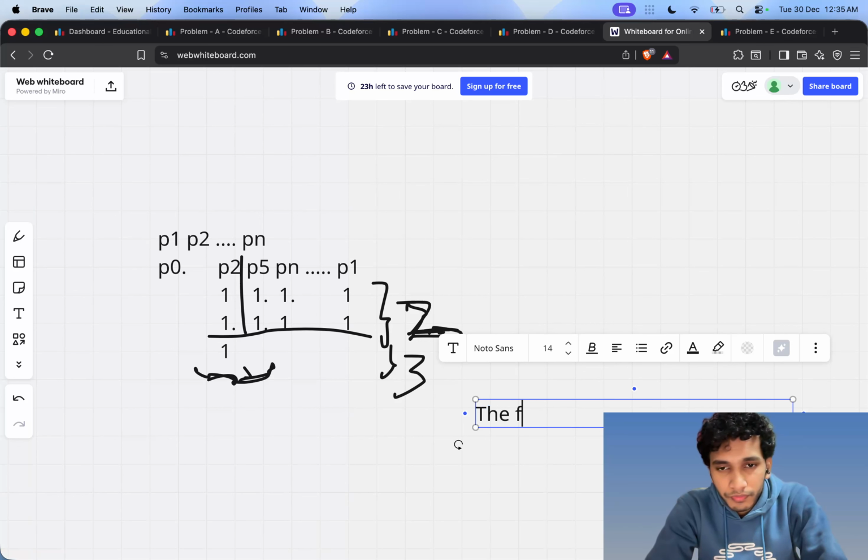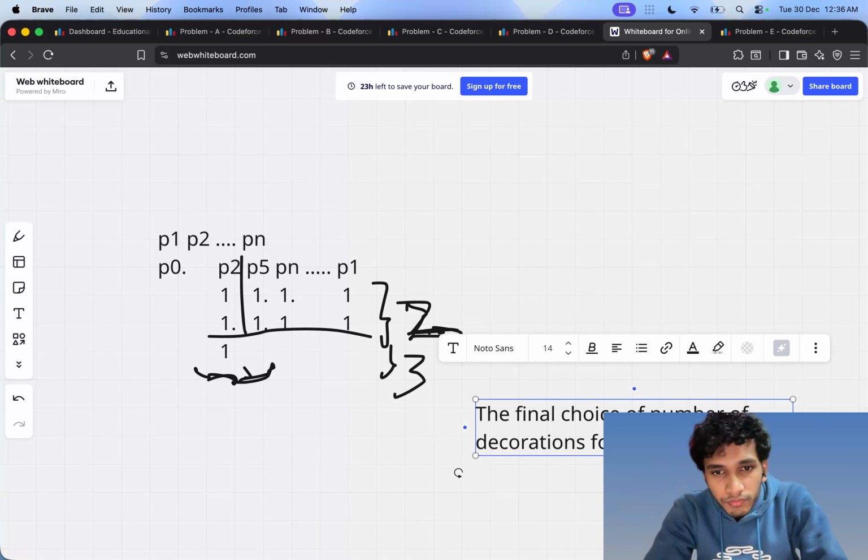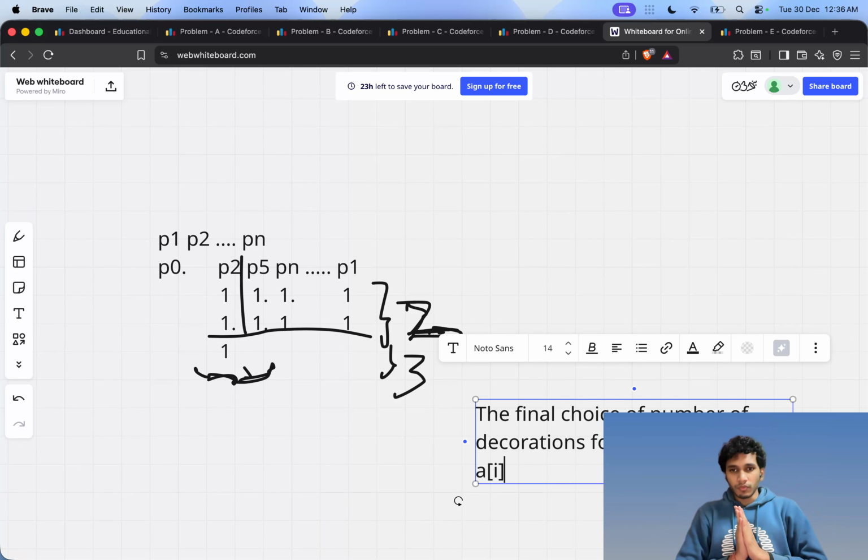The final choice of number of decorations for each I must be greater than or equal to AI.